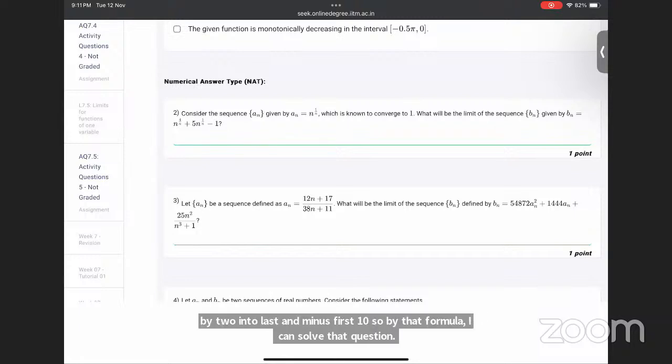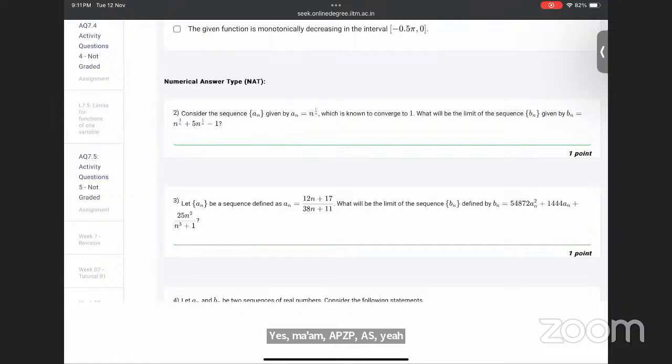Okay, that means the AP, GP type of formula. Yes, ma'am. AP, GP, AS, GS. Yeah, these are really common things. Many times you may have to apply these formulas, so you have to remember them. Sometimes for some sequences, these are really necessary formulas to solve the problem.